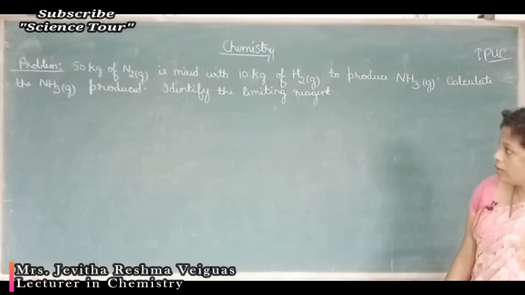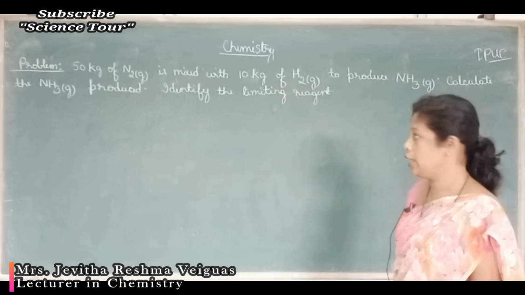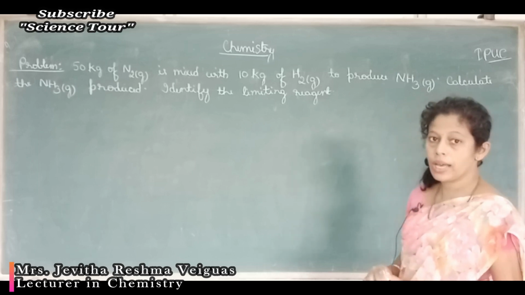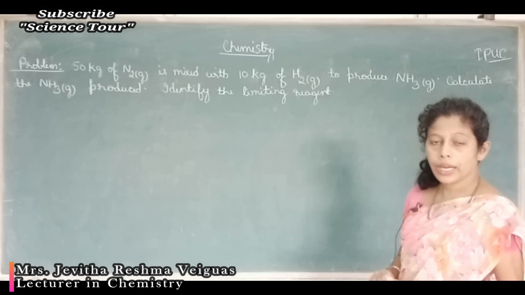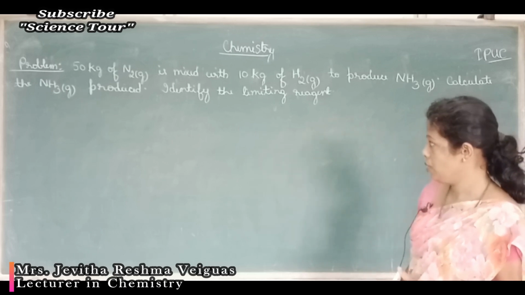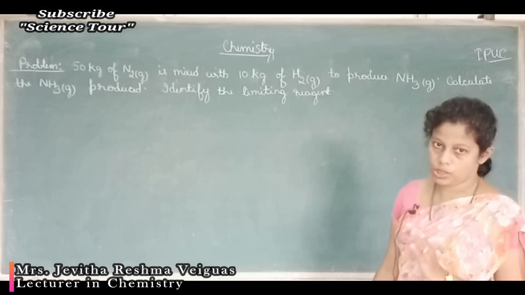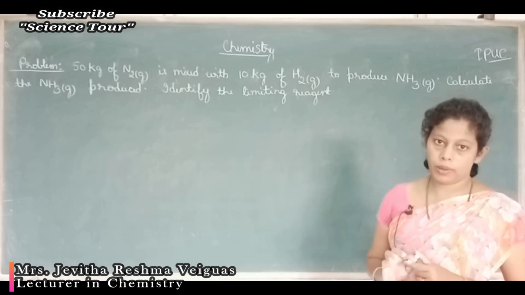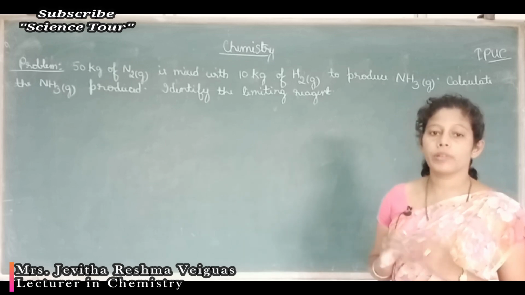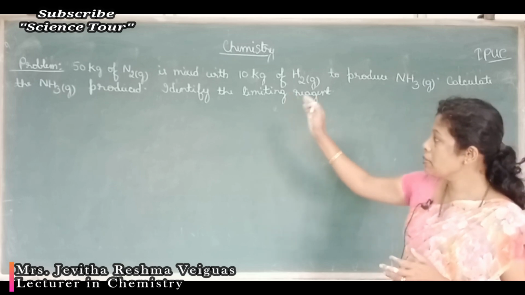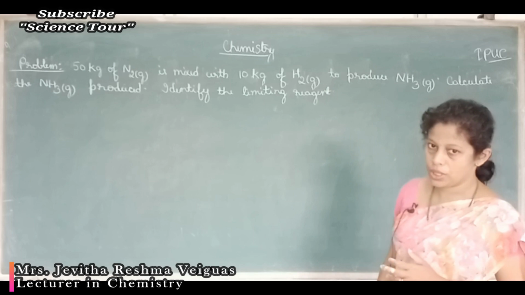Read the problem once. 50 kilograms of nitrogen gas is mixed with 10 kilograms of hydrogen gas to produce ammonia gas. Calculate the ammonia gas produced. Identify the limiting reagent. This is what the problem is. To solve such problems, first you have to write a balanced chemical equation for the reaction between nitrogen and hydrogen gas.